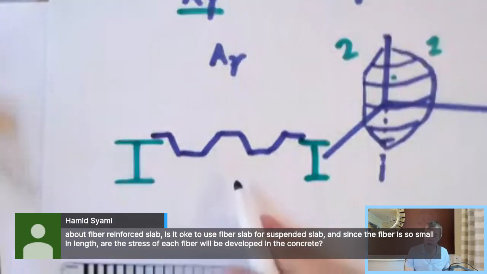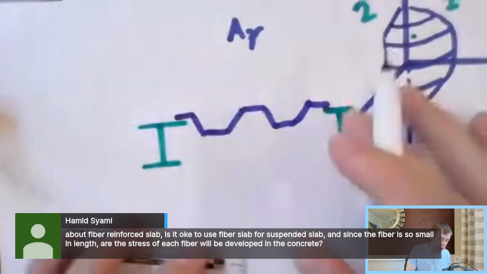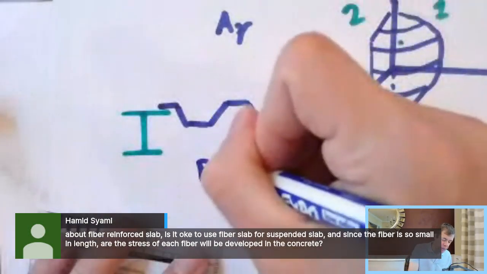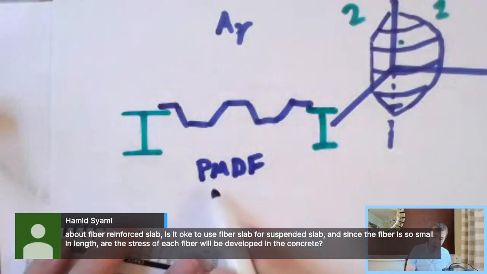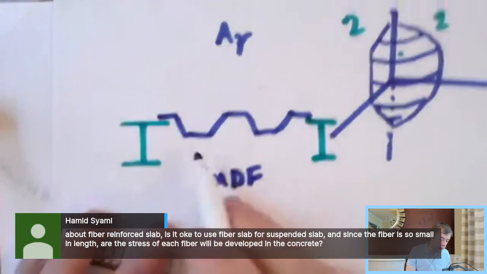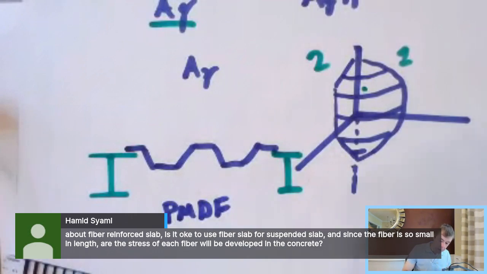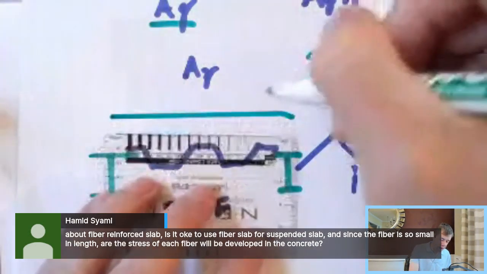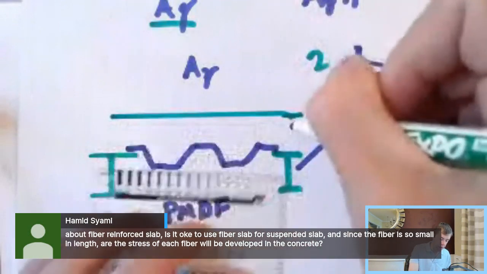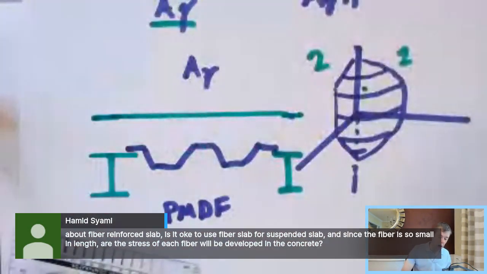I bet you can find them on the interwebs if you look up like PMDF or PM like manufactured deck forms, something like that. They're made out of metal. If you cast your slab out of these, just drew that in green, whatever.